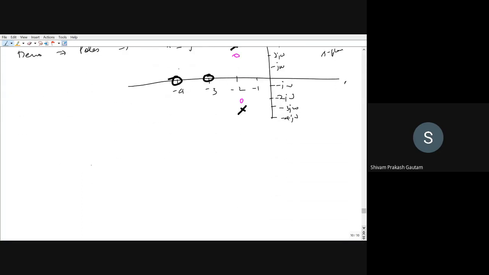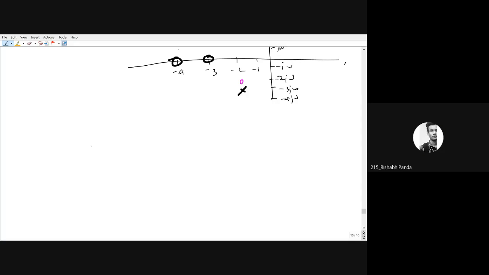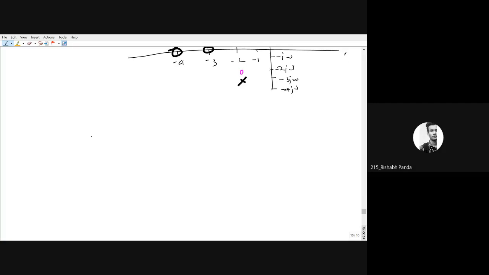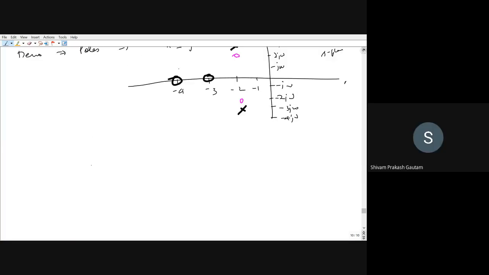So we will take another example. Sir, when we are analyzing quadratic or cubic equations for finding out the poles and zeros, and we get multiple points at a single place, then we have to represent it with double cross and double circles, like the way you have done above? Yes, correct.